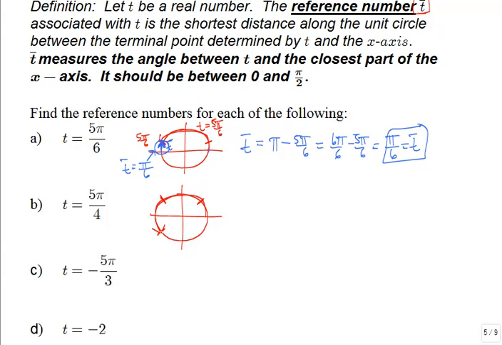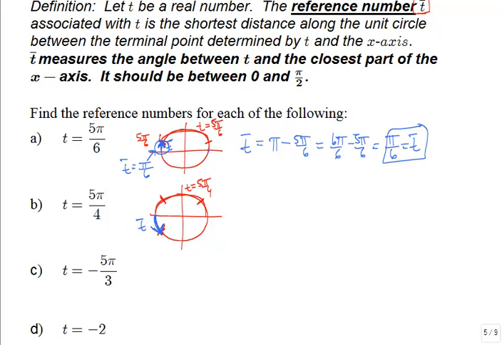Where we stopped was right here. Now imagine the distance from that stopping point to the closest part of the x-axis. Since we're on this half of the circle, the closest part of the x-axis would be the negative x-axis. So the closest distance from that x-axis to our stopping point would be this distance on our circle.